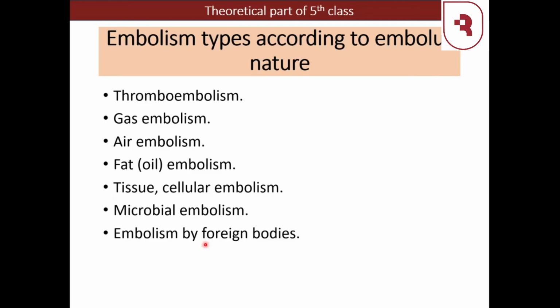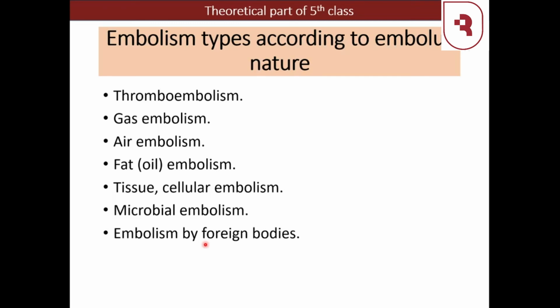In case of gas embolism, we may see accumulation of nitrogen bubbles in the blood, as a result of changes of atmospheric pressure, and it is typical for some caisson workers. Air embolism is typical for wounding of veins of the neck, and wounding of mostly veins, and accumulation of air in the bloodstream.